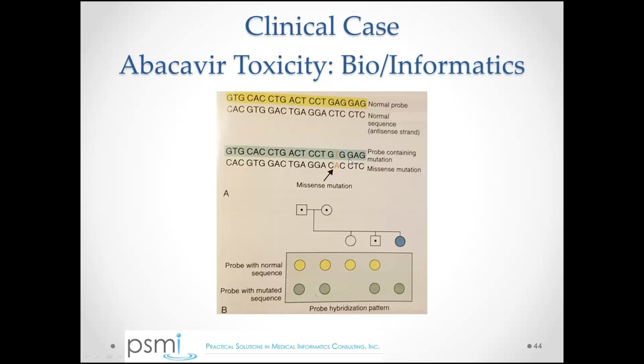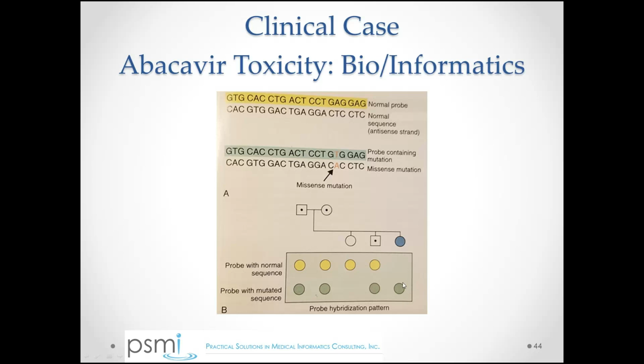I'm going to then incubate the patient's DNA, and I'm going to see, does the patient's DNA hybridize with the normal probe? In this case, it did not, or is the patient going to hybridize with the mutated sequence?